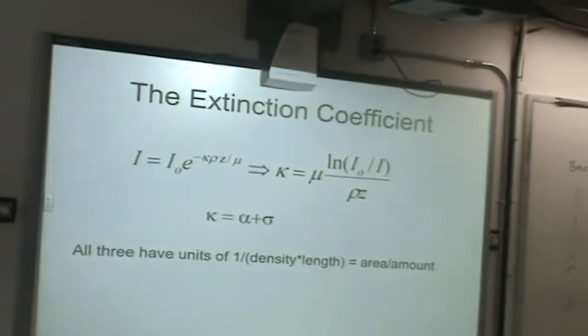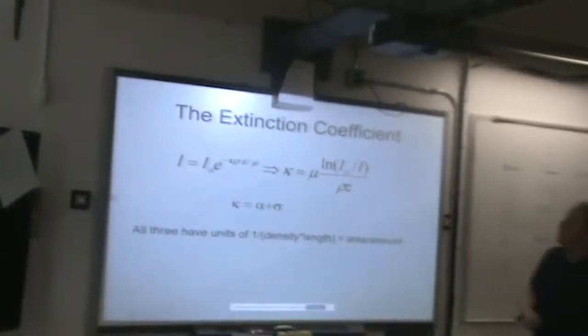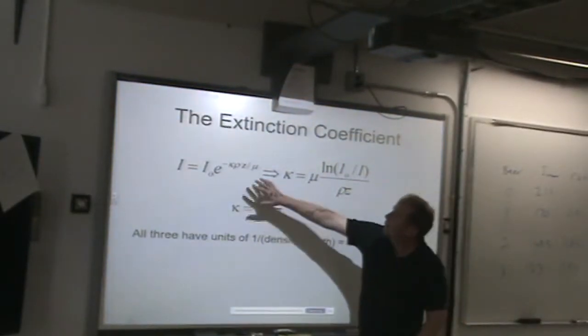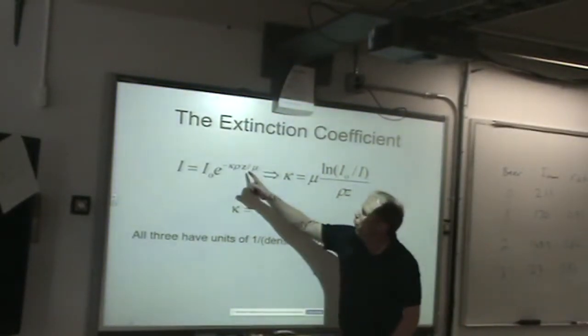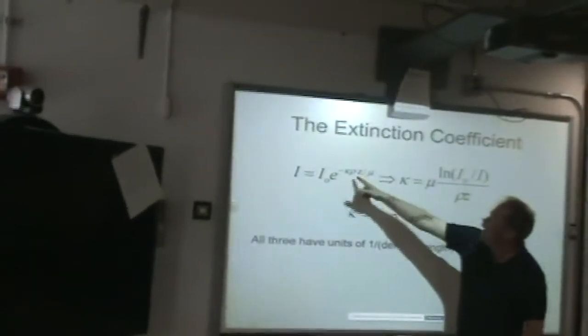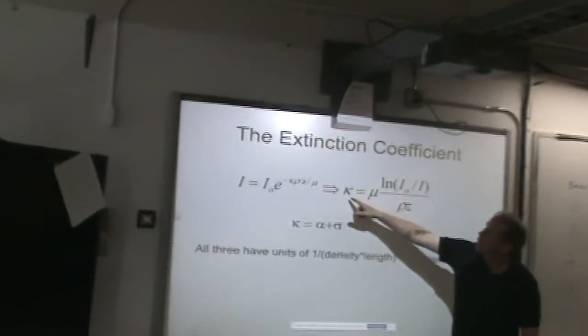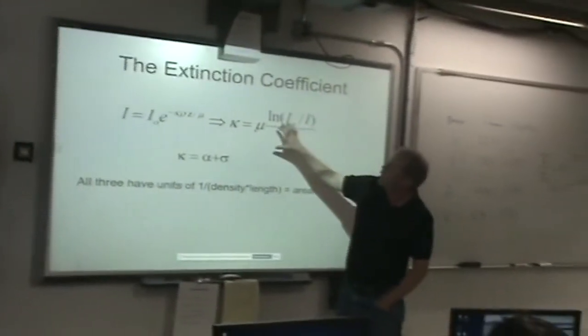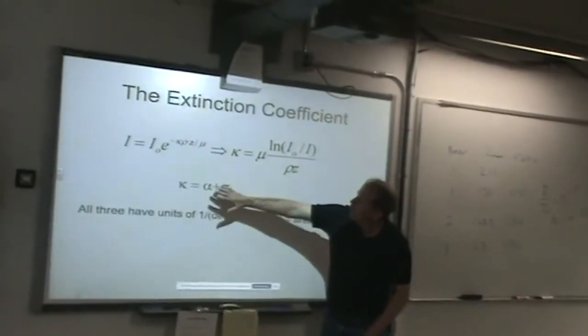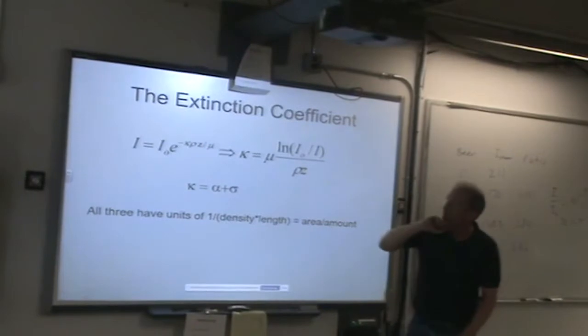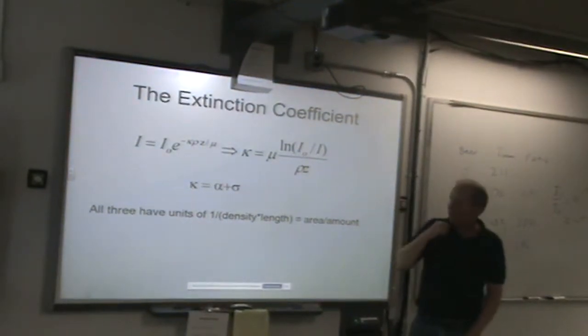So, this equation here where all of this thing is actually tau, we can write as an extinction coefficient. So if you solve for the extinction coefficient, we're talking about alpha plus sigma, the absorption plus the scattering coefficient, the extinction coefficient.